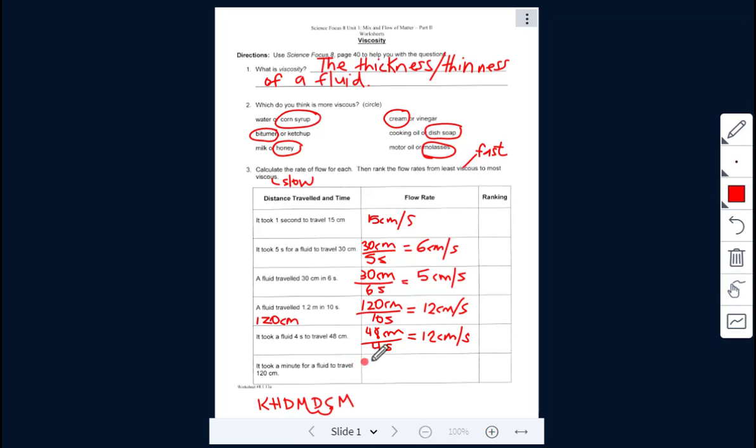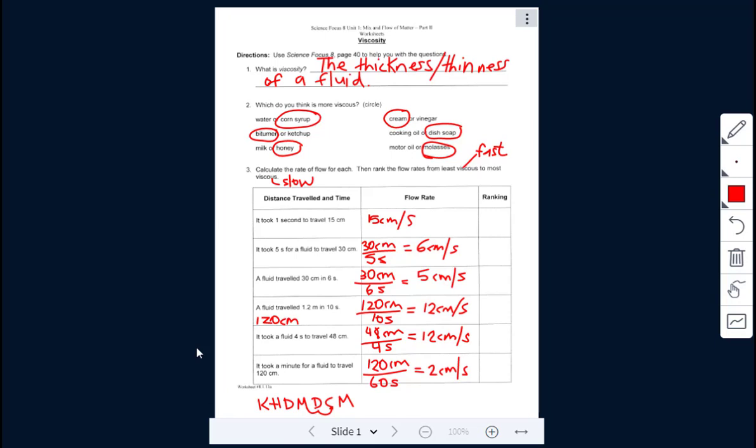So we can just write this as 120 centimeters in 60 seconds. All right, and then you would just divide that, 120 divided by 60, which is 2 centimeters per second.